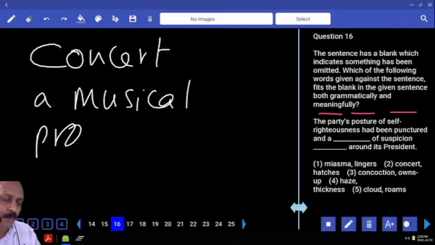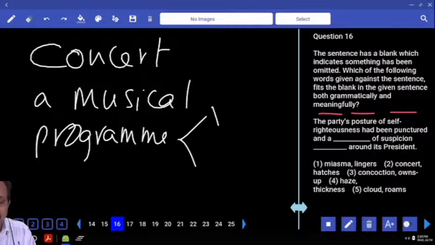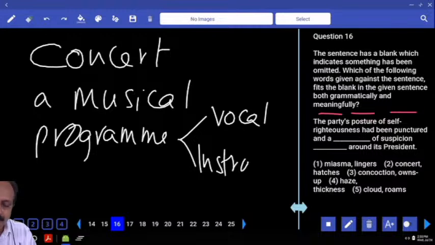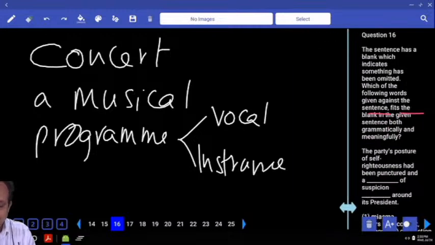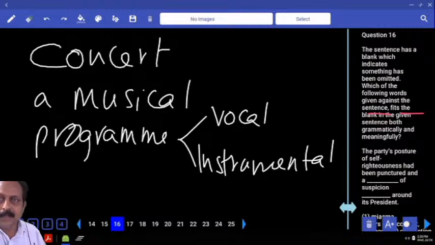A musical program, either vocal or instrumental. Someone sings, someone plays the guitar, that is a concert.